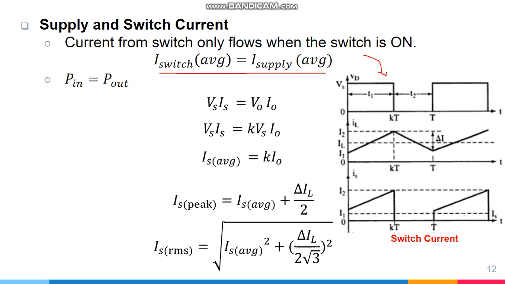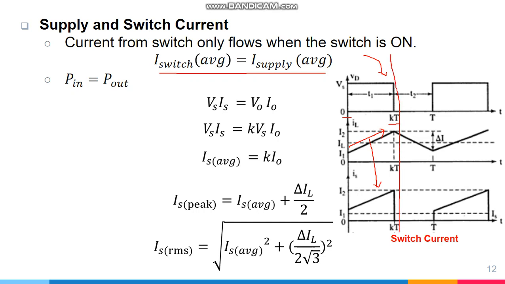Also see over here that this is my supply voltage. It is only available at output from 0 to kT time period, and this is the time period during which the inductor is charging, and this same current is flowing from the switch because the switch is in series with that inductor.